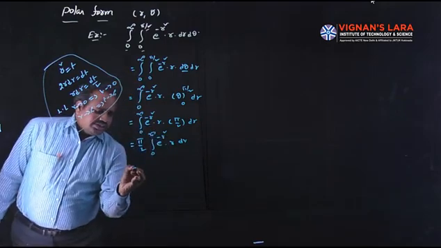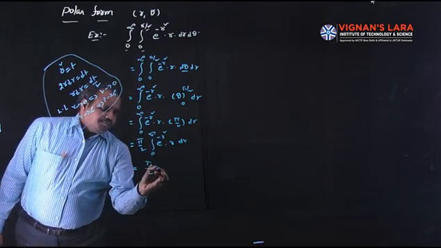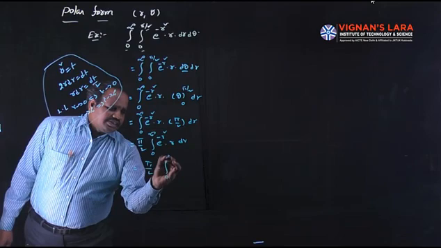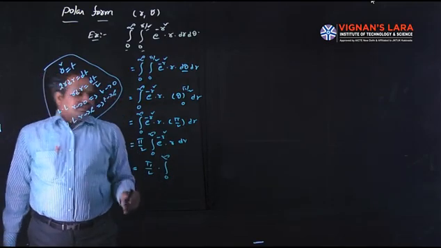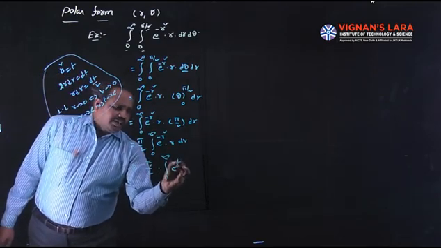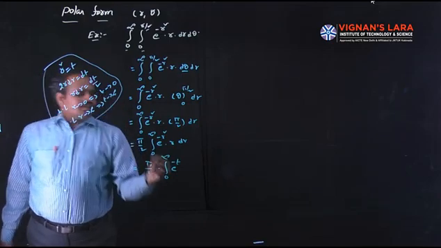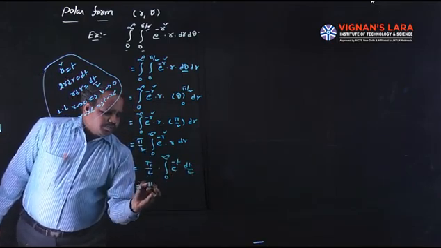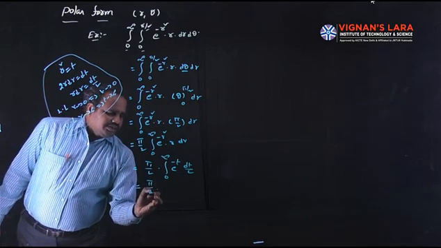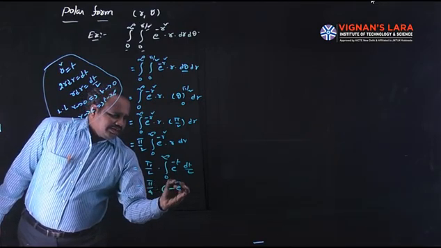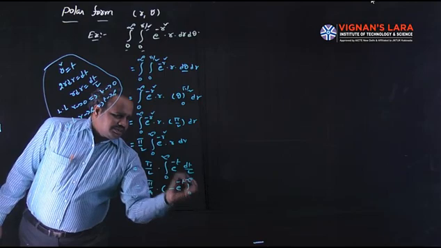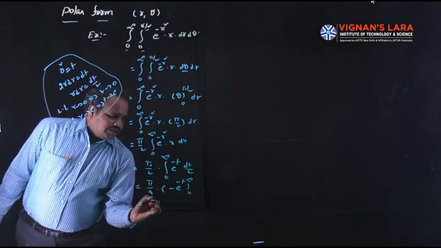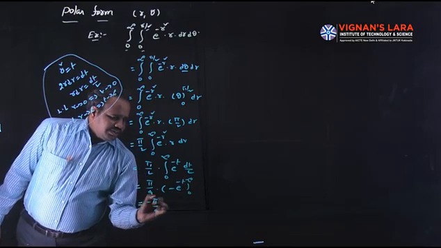Use this substitution in this integral. Then this changes as pi by 2 integral, limits do not change, 0 to infinity, e power minus t, small r dr value is dt by 2, which is equal to pi by 4. The integration of e power minus t is minus e power minus t, limits 0 to infinity, which is equal to pi by 4 into minus outside.